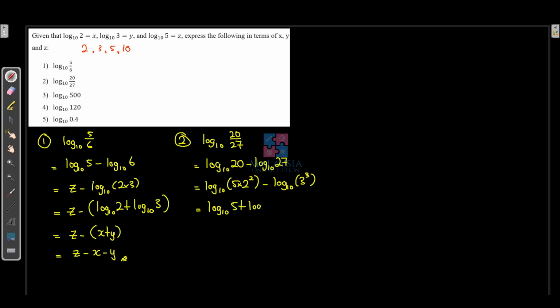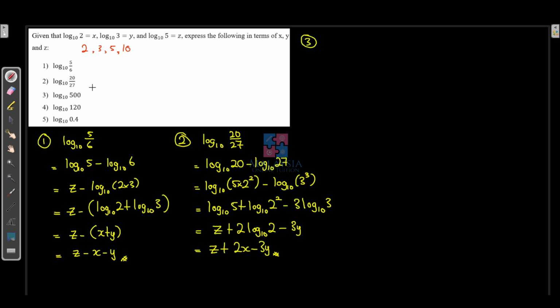You write log base 10 of 2 squared first, and then minus 3 log base 10 of 3. So log base 10 of 5 you can change to z, plus 2 log base 10 of 2, minus 3 and then y. So the final answer is z plus, since log base 10 of 2 is x, 2x minus 3y. And that's all for part 2.